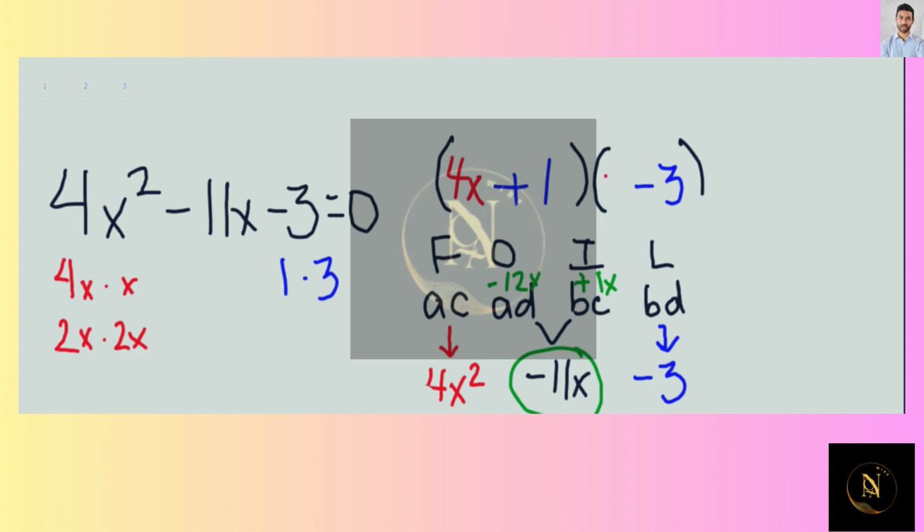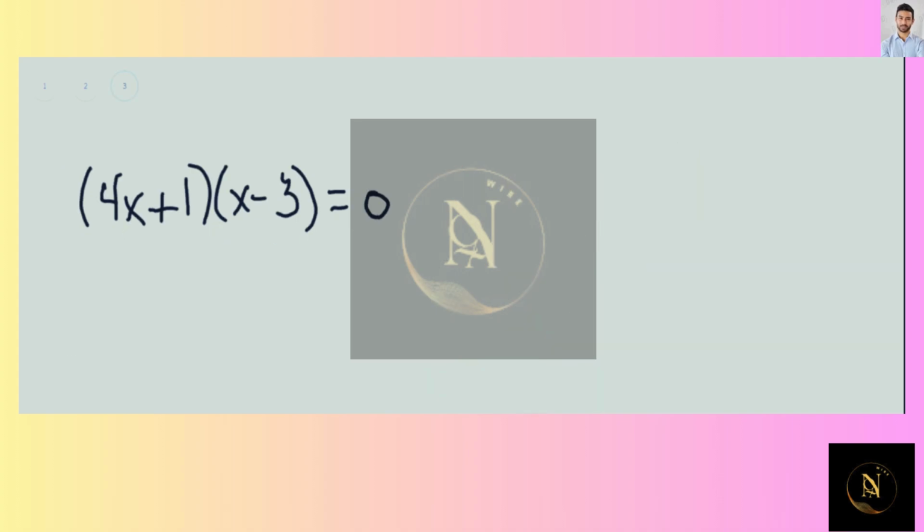Since we now have our quadratic factored, we can solve. To solve a factored quadratic, you're going to put each factor equal to 0 and solve it as if it were its own equation. So our first factor is 4x plus 1. We'll set that equal to 0 and solve.